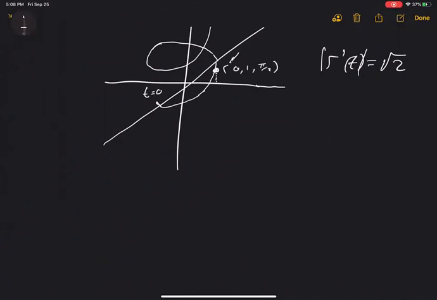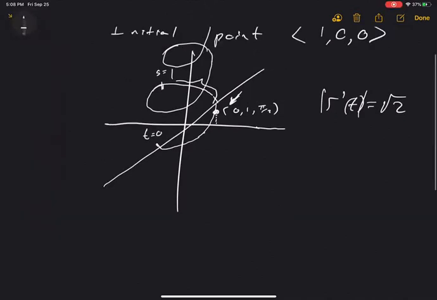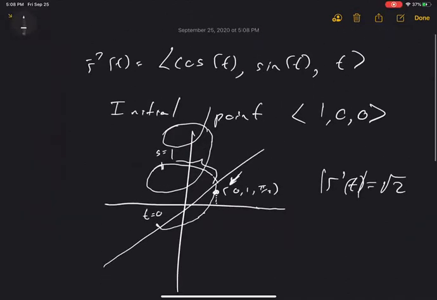So at arc length parameter 0, I want to be there. And if s equals 1, that means I'm 1 unit away from that starting point along my curve. So how do we reparameterize this curve to get arc length as my parameter with that starting point?